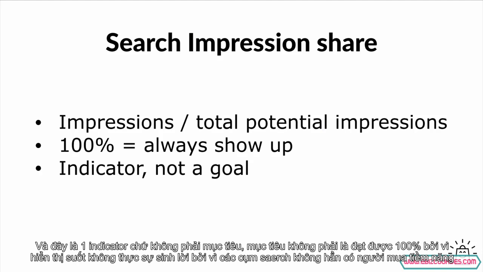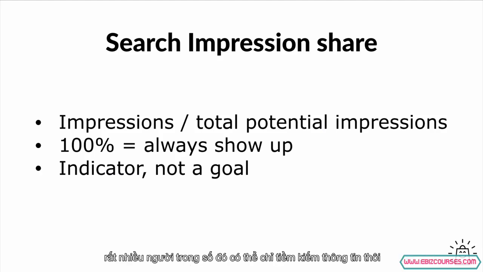The goal is not to hit 100%, because showing up all of the time might actually not be very profitable, because a lot of those search queries probably don't have potential buyers behind them. A lot of them might be also just people looking for information.